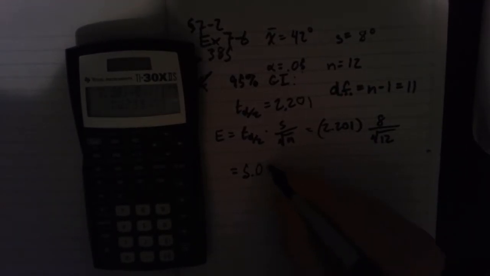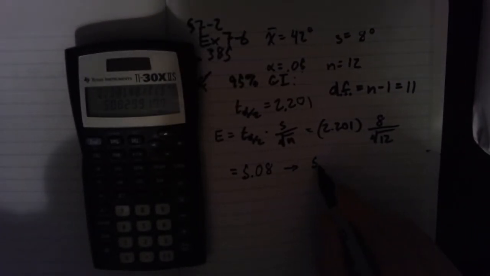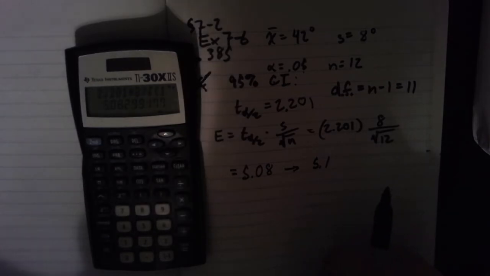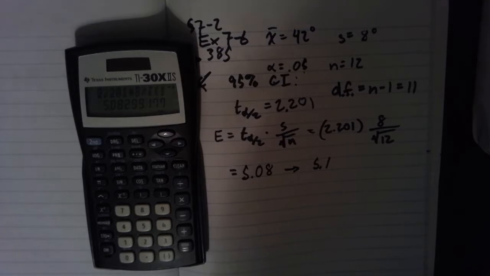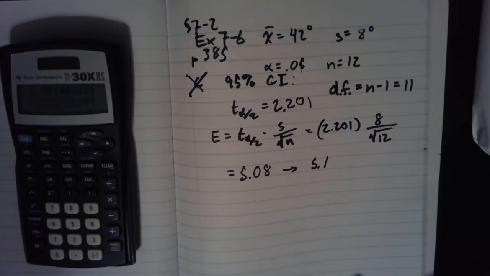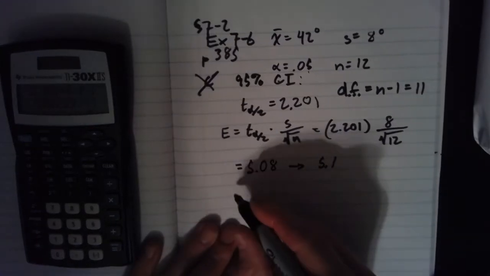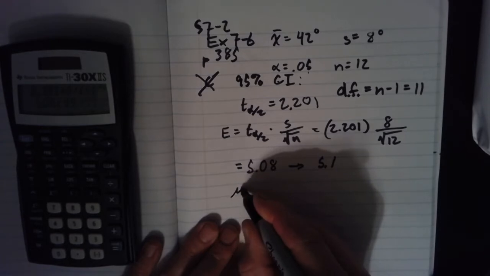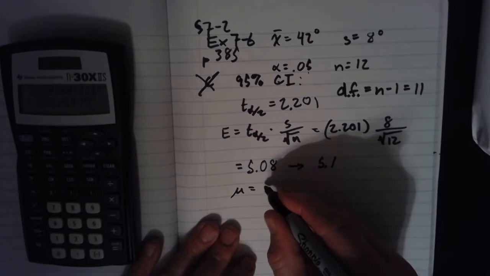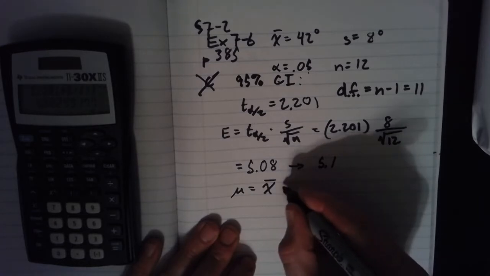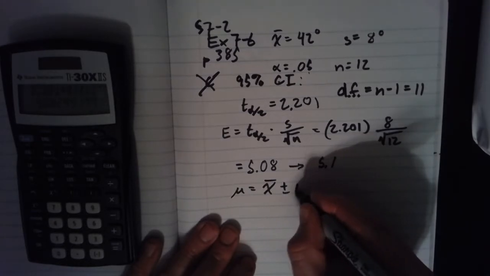It's 5.08. Okay, so we'll probably just round that to 5.1. So our margin of error is 5.1, let's call it. Mu, therefore, is going to be x bar plus or minus E.